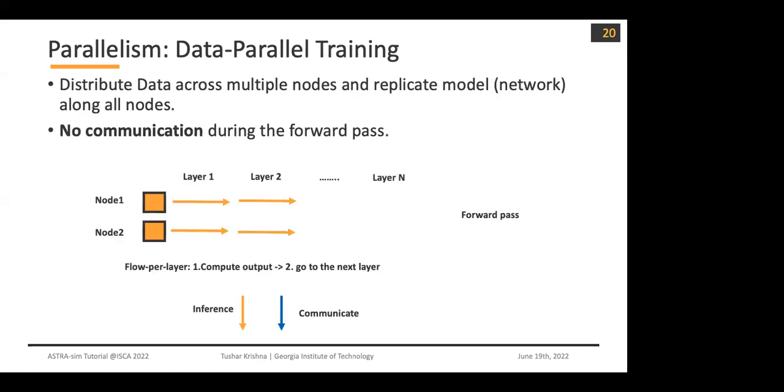For example, data parallel training looks like the following. Suppose I have two accelerator nodes. I'm going to distribute the data across multiple nodes and replicate the model, right? So I split the data samples across nodes and replicate the model. Since every accelerator has a copy of the model, during the forward pass you're just running a few data samples through the entire model, which is very classic inference, and there's no communication needed between any of the accelerators.